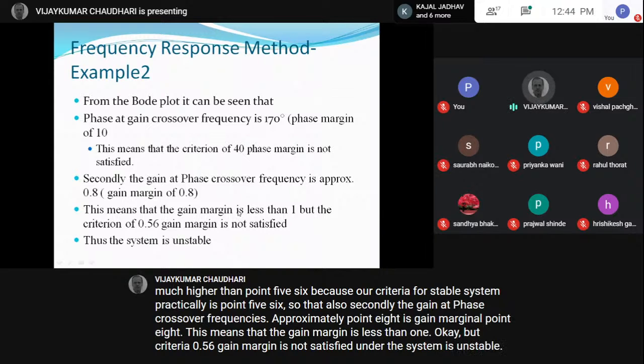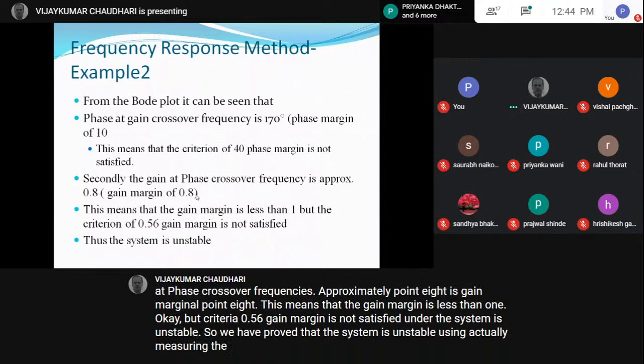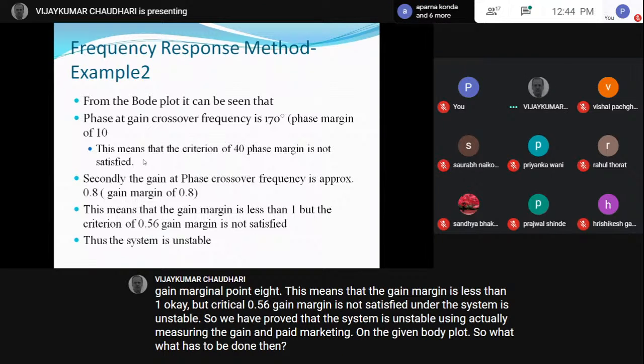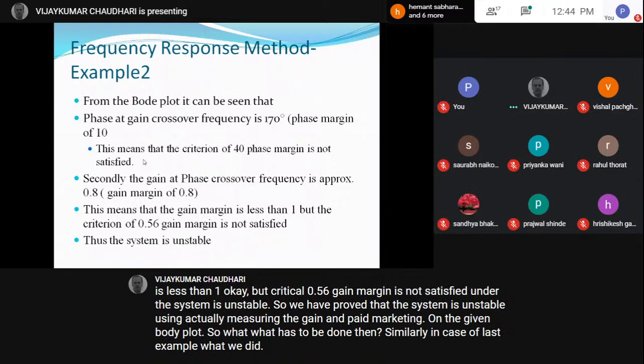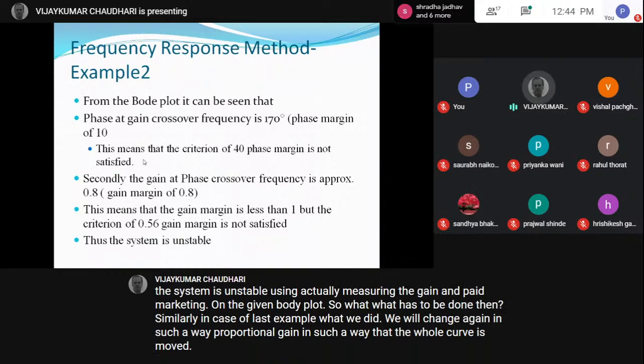So we have proved that the system is unstable by actually measuring the gain and phase margin on the given Bode plot. So what has to be done then? Similarly, as in the last example, we will change the proportional gain in such a way that the whole curve is moved either up or down.